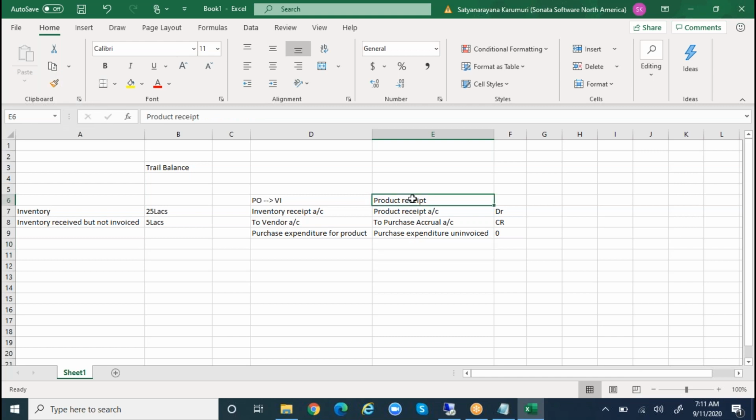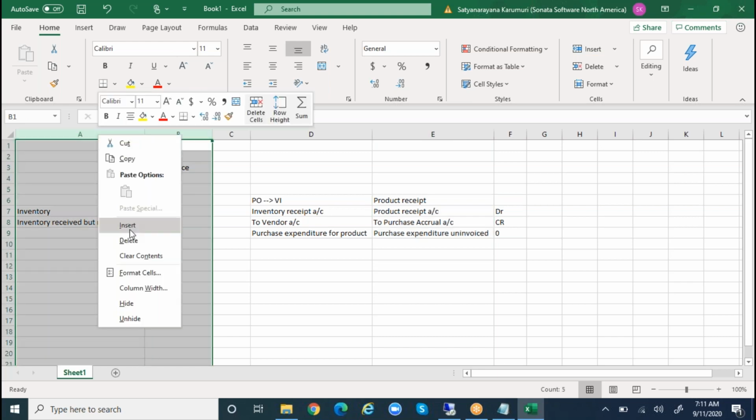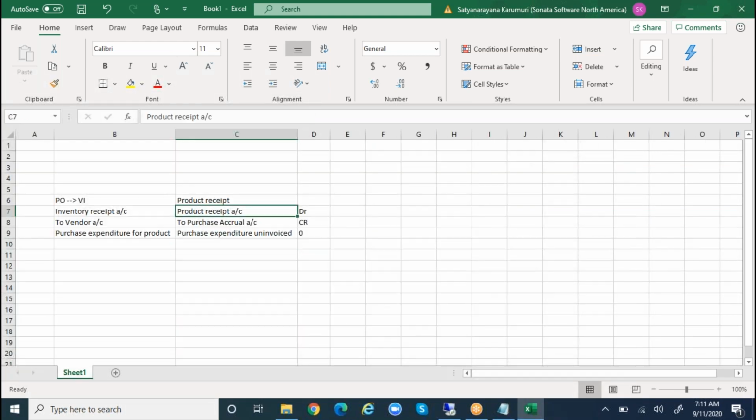This is at the time of product receipt. Now I am removing all these things. Understood the purpose? I want to track the material received value but not invoiced also in the system, so that it is posted to finance.